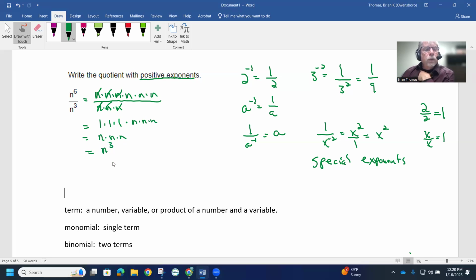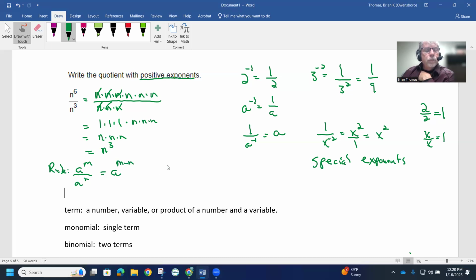So what we pick up on is a shortcut. In a quotient, if the bases are the same, you can simply subtract the exponents. There's a rule that says this: if you have a to the m divided by a to the n, notice how you have the same bases, you keep the base and you're allowed to subtract the exponents, m minus n.